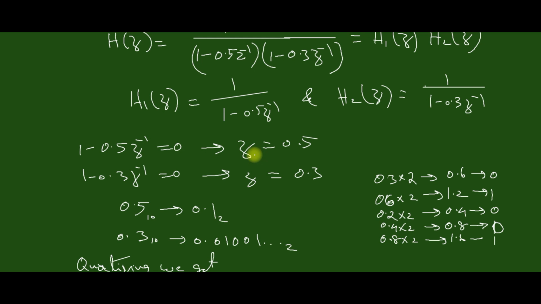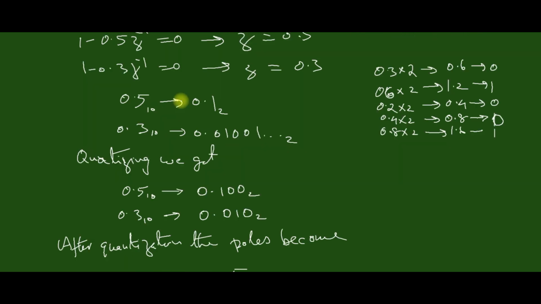Now we can convert these poles into binary form, so that 0.5 equal to 0.1 and 0.3 equal to 0.01001, etc. This conversion of 0.3 to binary format is shown here by the continuous multiplication by 2 method.